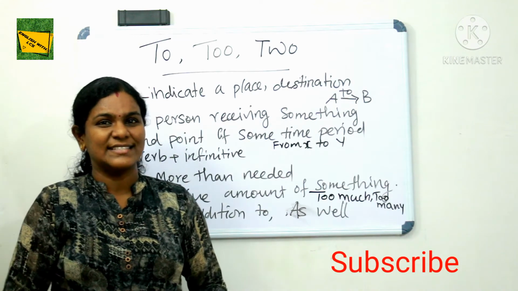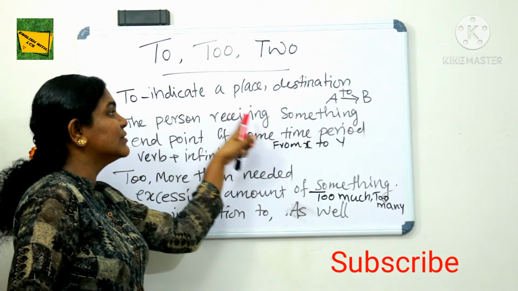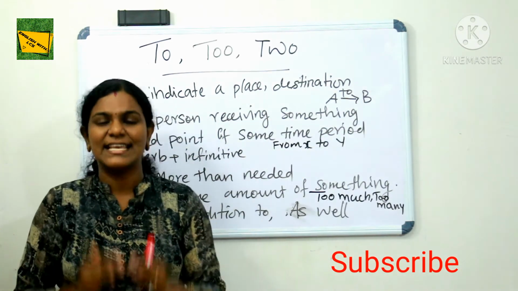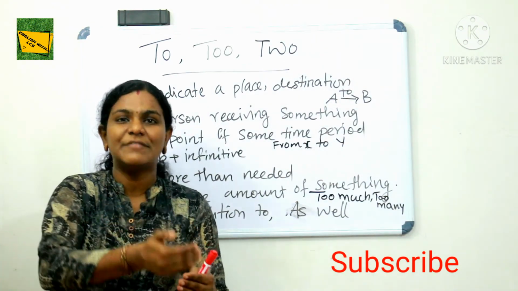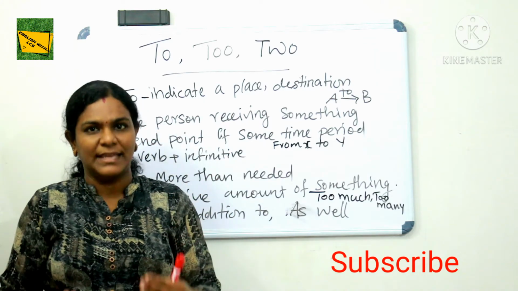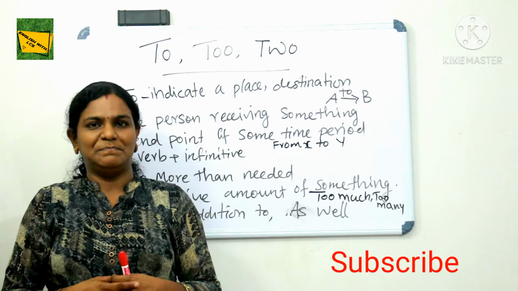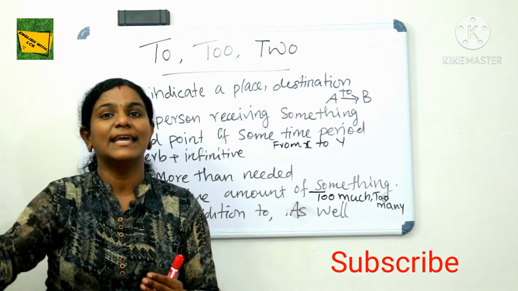And the second usage is that if you want to indicate a person receiving something, that means in a sentence, if you want to indicate a person who will be receiving something, okay, he is the receiver of some gift, of anything. For example, I wanted to gift a watch to my cousin.